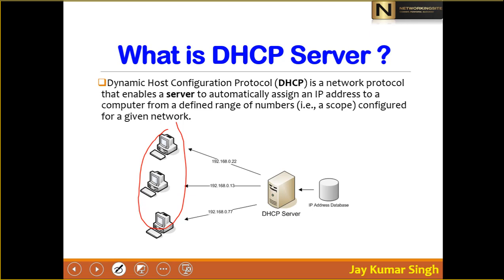We will not be able to manage those IP addresses, and we cannot remember what IP address I have assigned on computer 1, computer 10, computer 5, and so on. But through DHCP we can assign, we can manage, we can block. We can also decide who can get an IP address from DHCP and who cannot. We can block them via MAC addresses.